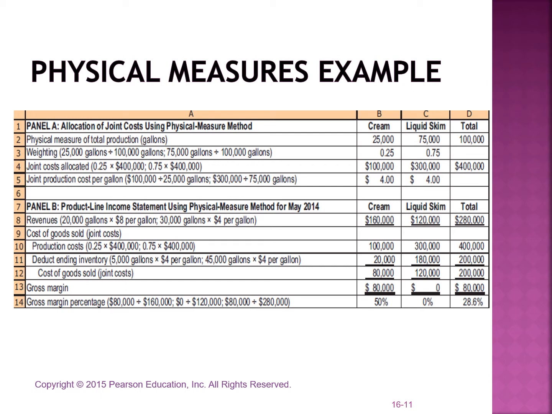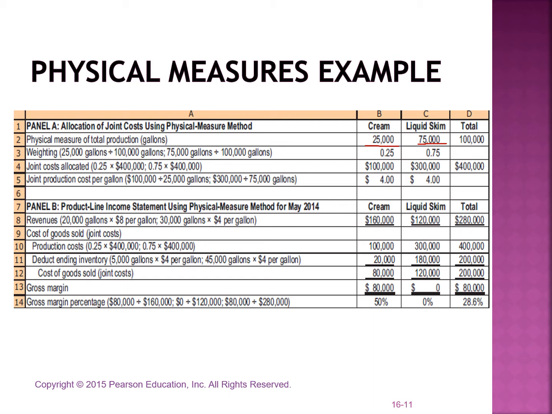Again, here instead of starting with the revenue, I will start as we did in the first method. This method emphasizes the physical measures, which tell me that we already produced 25,000 gallons and 75,000 gallons, and I will prorate the two products based on the physical measure.